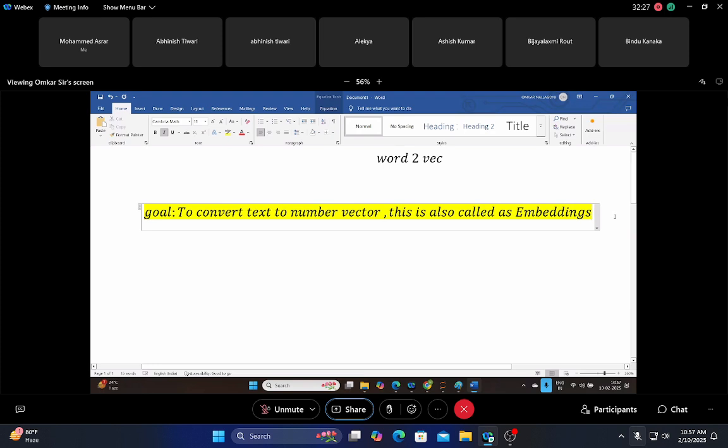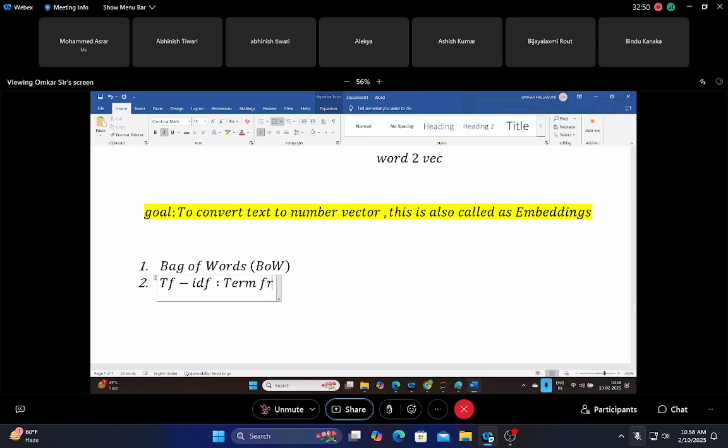In order to achieve the main goal, we'll learn that the first method is bag of words, that is called BOW, and TF-IDF, that's called term frequency multiplied with inverse document frequency.